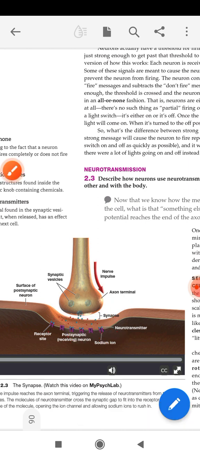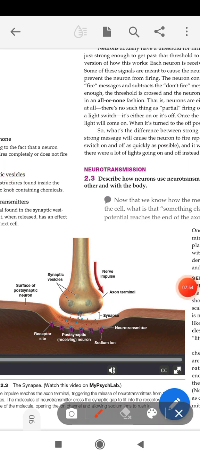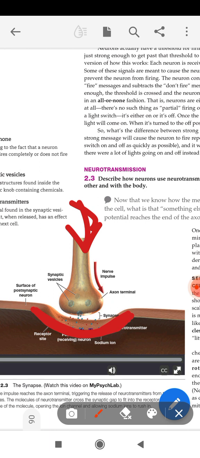Okay, remember this thing: the receptor site need not be only on the next neuron. If this was a neuron, must the receptor site also be a neuron? No, this may be a neuron but may not be. There are some muscles that have receptor sites for their contraction and relaxation, and like the heart.